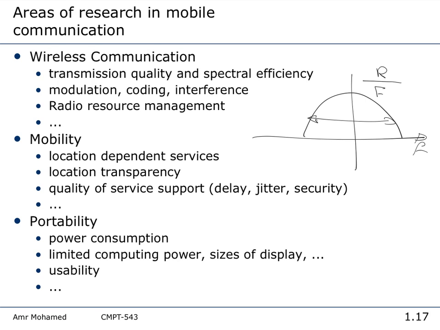So that's an area of research. Spectral efficiency is an area of research, and that, again, combines with modulation, encoding, and interference mitigation techniques. So beamforming is used for interference mitigation. Okay? If I'm communicating with a person and I can do some beamforming, then I'm actually reducing the effect of interference.